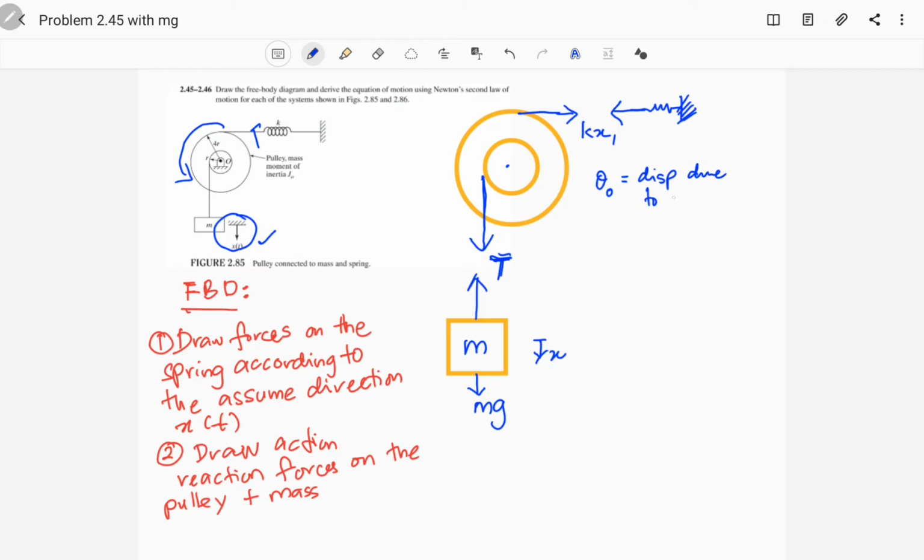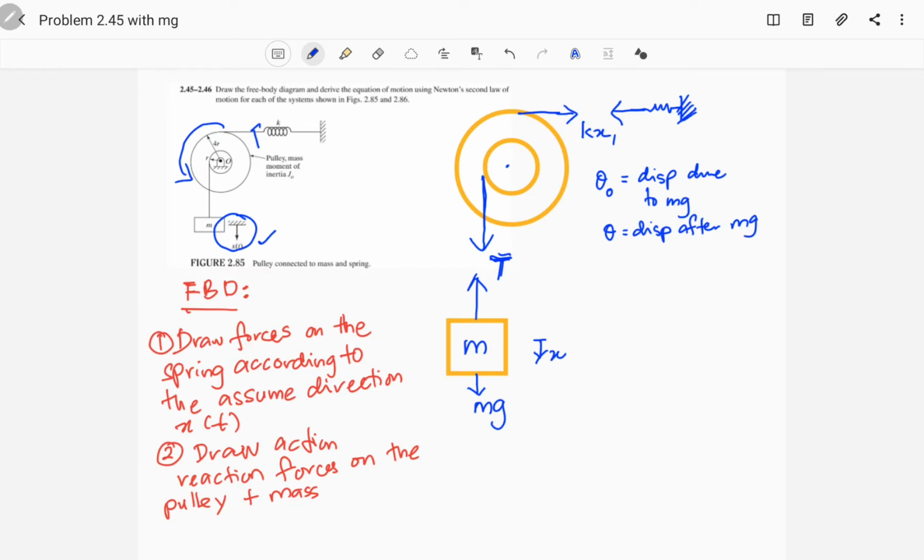After this displacement, there will be the actual displacement of theta, which I define as the displacement after the effect of mg.